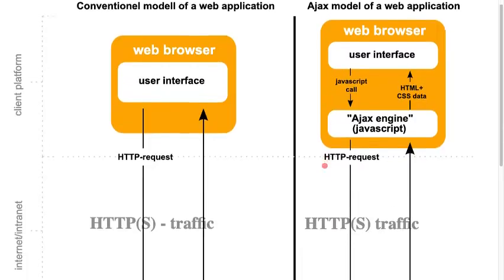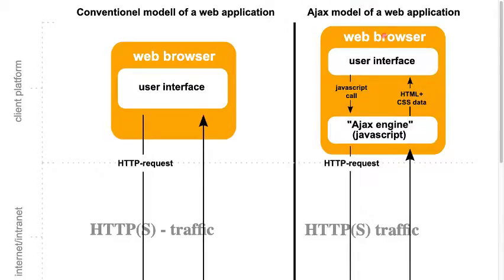And then on this right side, we have a similar model, but actually totally different. We have the web browser, we still have the user interface, and we have an AJAX engine or a JavaScript engine.